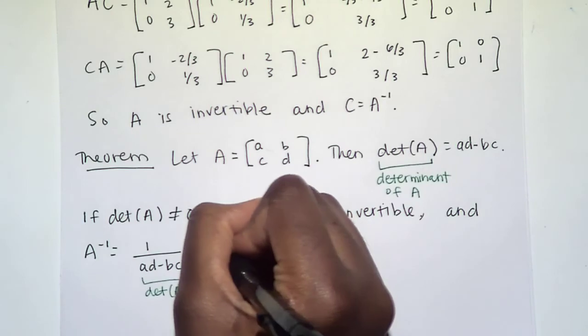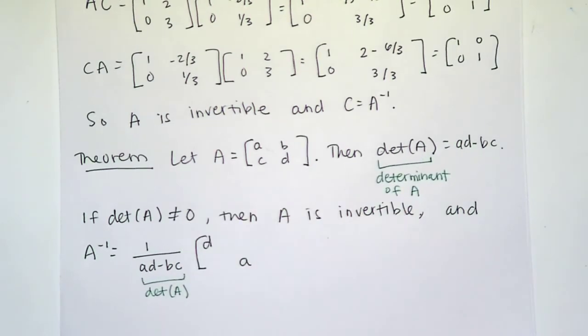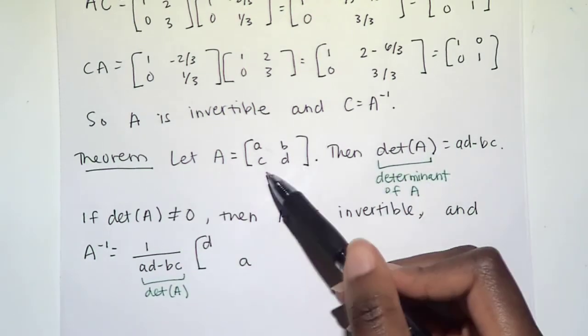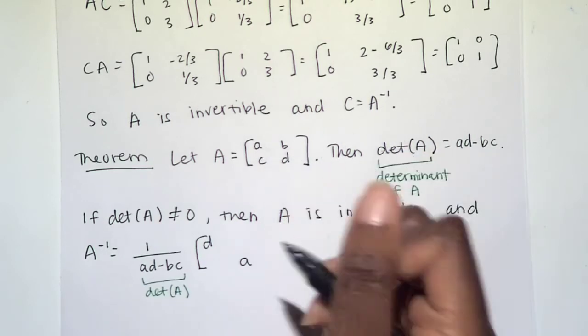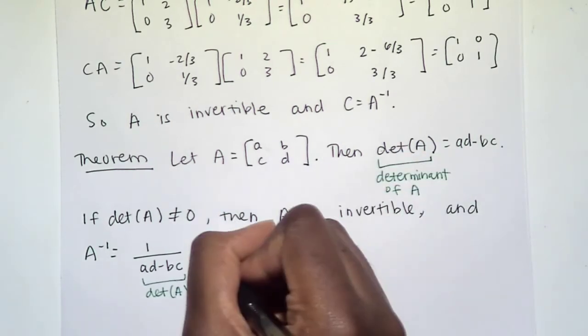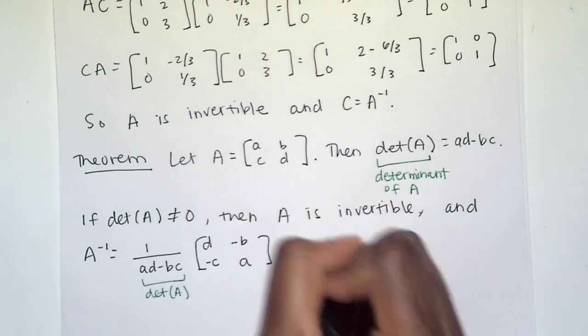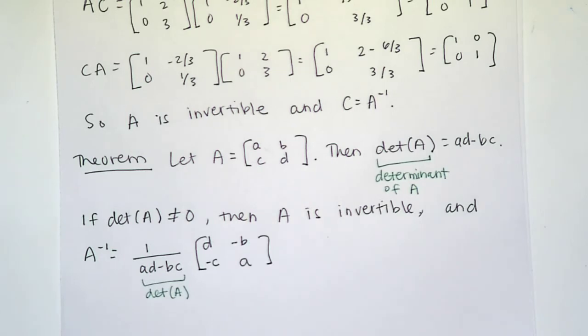So the D is going to go in the top corner, the A in the bottom corner, and then we're just going to make the other two diagonals negative. All right, so this is the formula for the inverse of a 2 by 2 matrix.